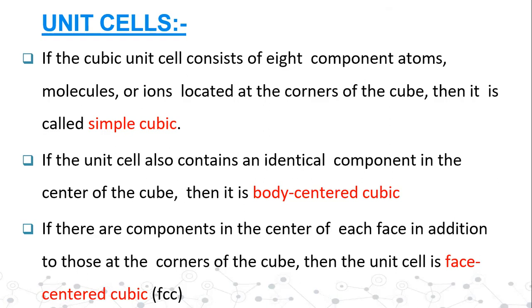But if the unit cell also contains an identical component in the center of the cube, then it is known as body centered cubic. Next, if there are components in the center of each face, in addition to those at the corners of the cube, then the unit cell is known as face centered cubic.